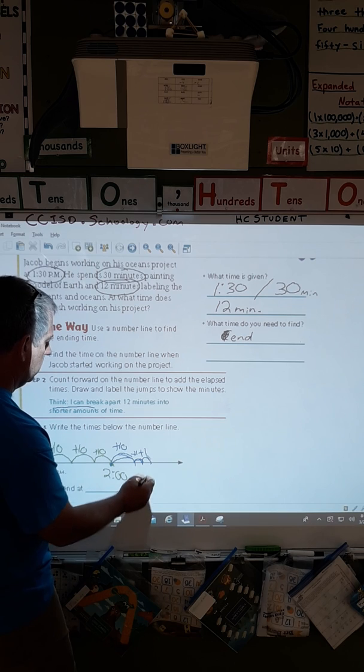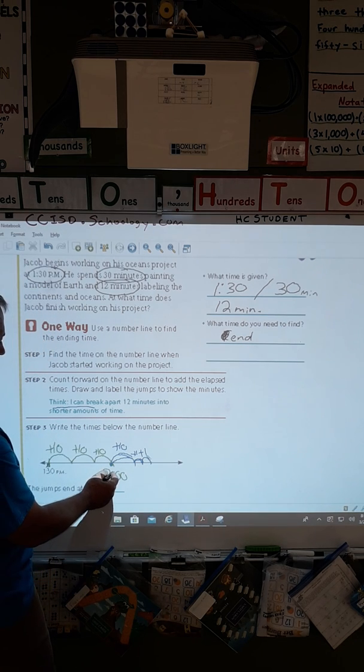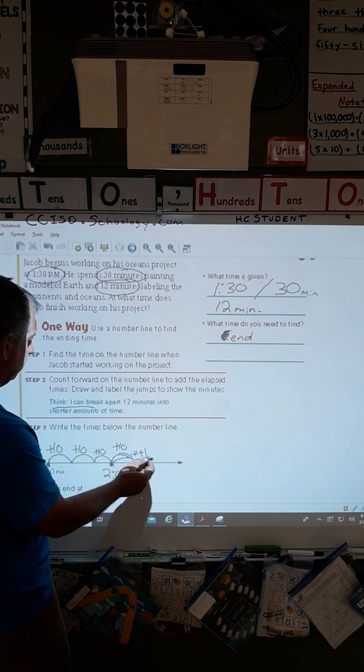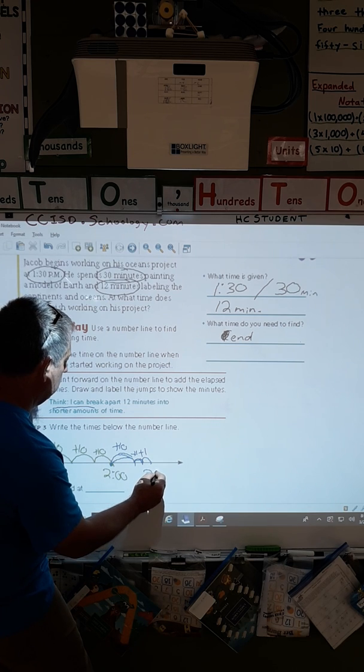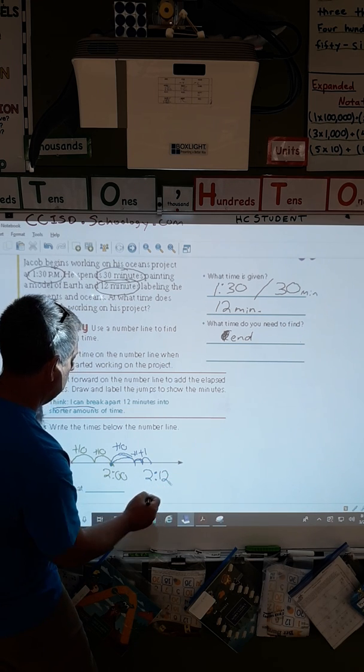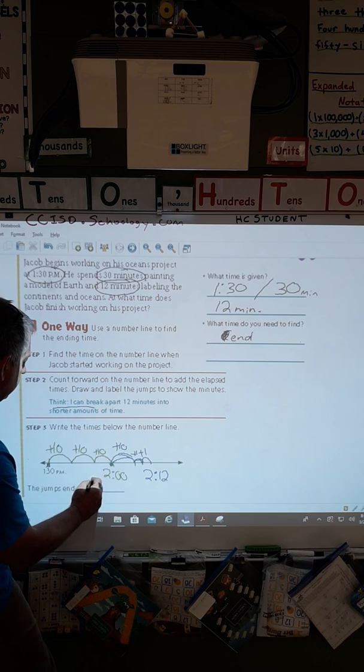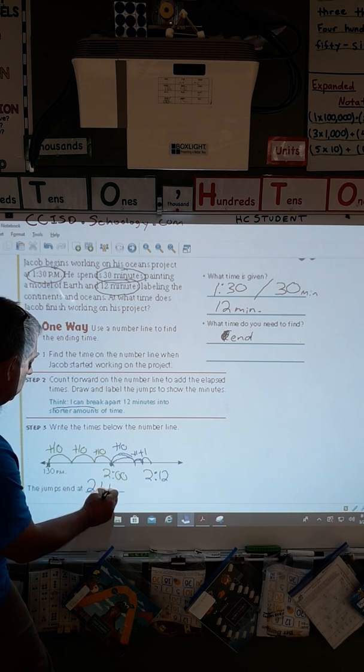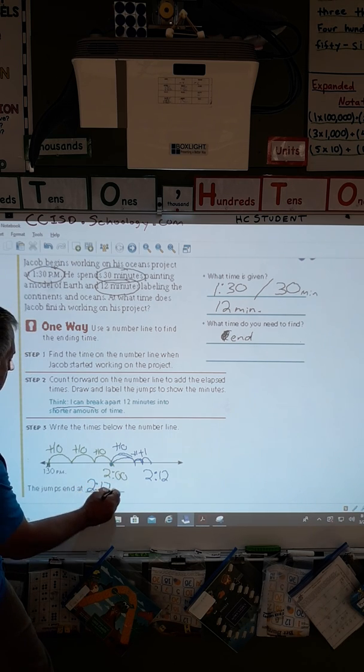Plus 1. Okay, so that would be 2:10, 11, 12. So it looks like the end time was 2:12. That's PM.